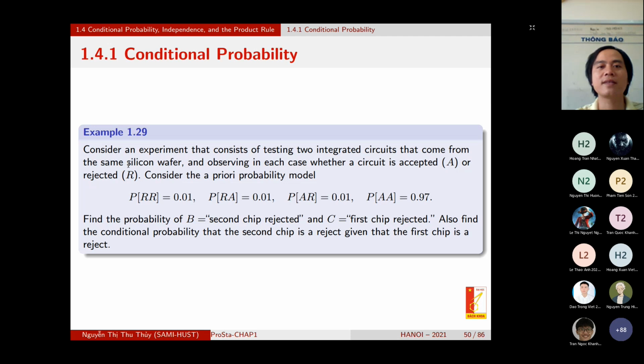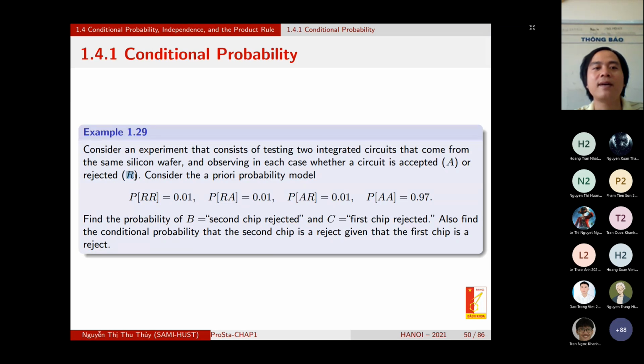So we see the circuits on, for example, the main board of a personal computer or PC, and observing in each case whether the circuit is accepted or rejected.